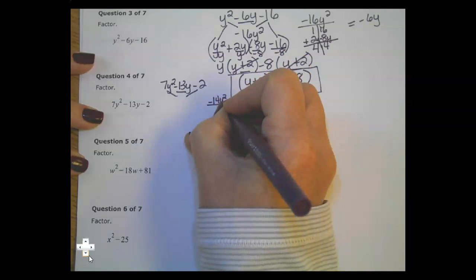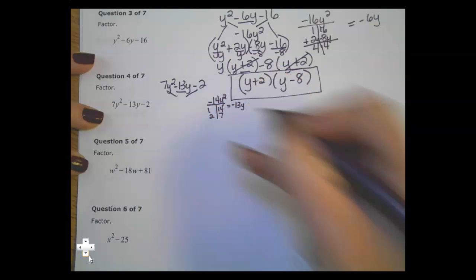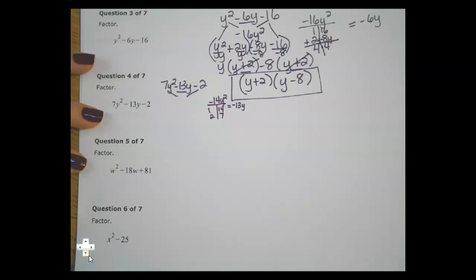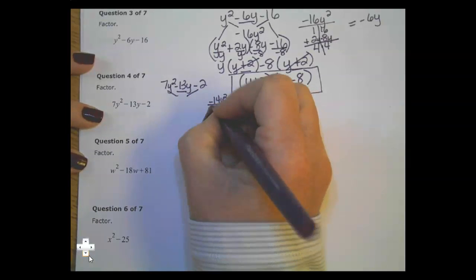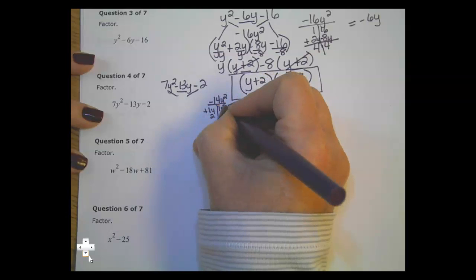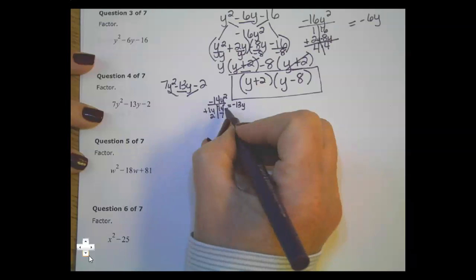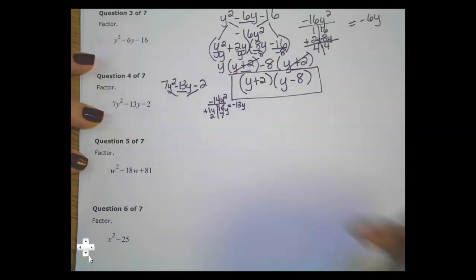So the factors would be 1 times 14, 2 times 7. So it didn't even have very many factors. I can get to a -13 by making them a +1y and a -14y. So added together, I get here. When multiplied, I get that.